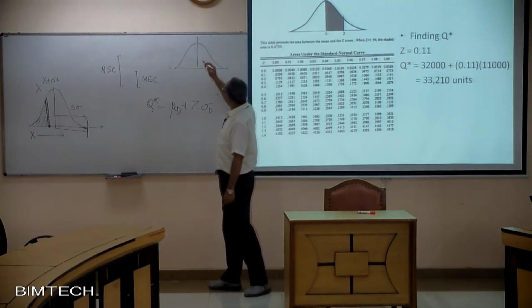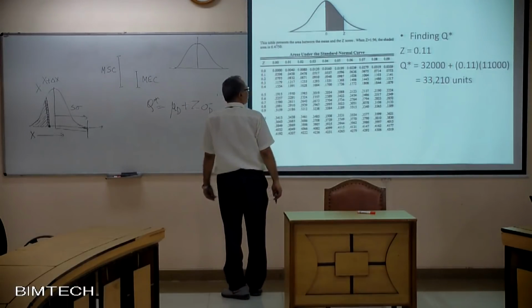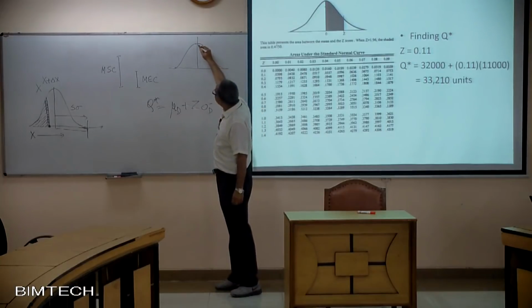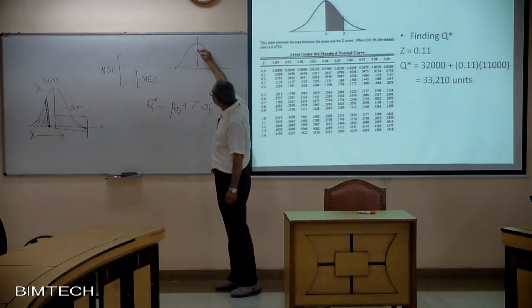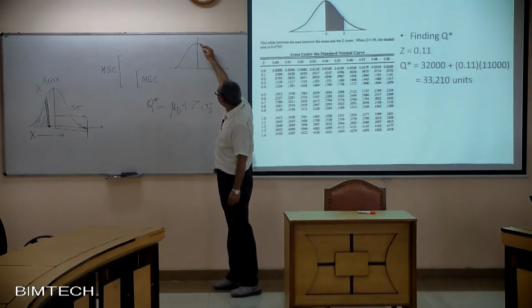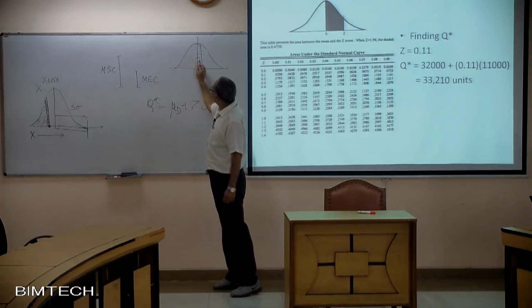Okay, the critical ratio is 0.545 or 0.546 or so. Now please note that the area till this point is 0.5, and therefore 0.54 would be this area, the total area.